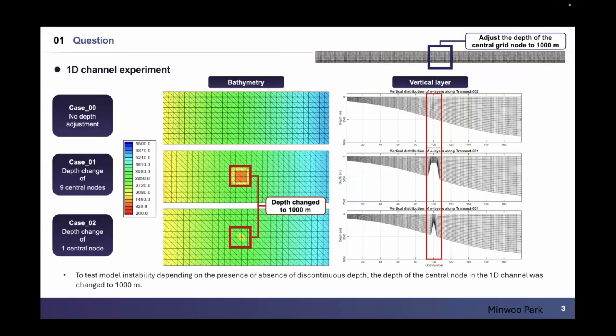I think the problem right now with your model, if you make this kind of sharp topography, if you look at my paper, if you put a sharp topography, you need to have a very high resolution. You're not able to run the model with this same resolution, you have one grid size, right? That's why I said if you want to reduce the error, you have to make a high resolution around steep bottom topography.